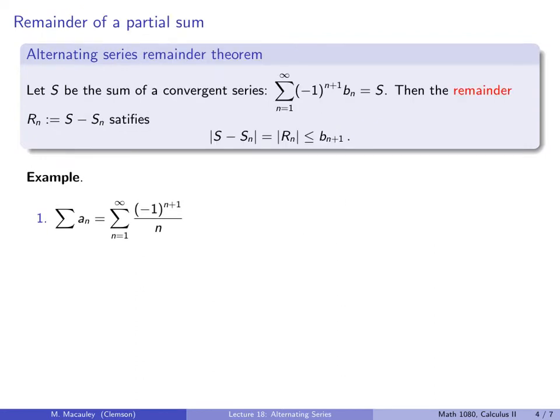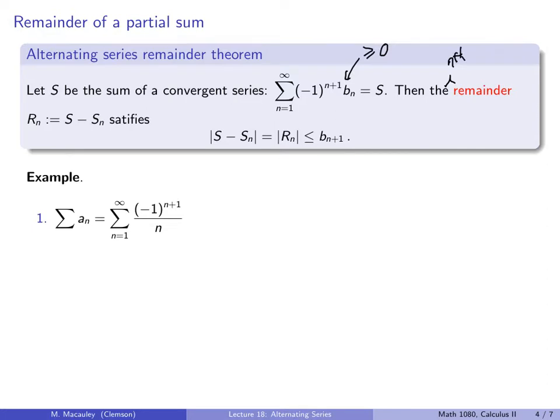Next we have what's called the remainder theorem. So if S, big S, is the sum of a convergent alternating series, and once again, if I don't say otherwise, I'm assuming that this b_n is non-negative. The remainder is the difference of the sum and the partial sum. I should probably say the nth remainder.